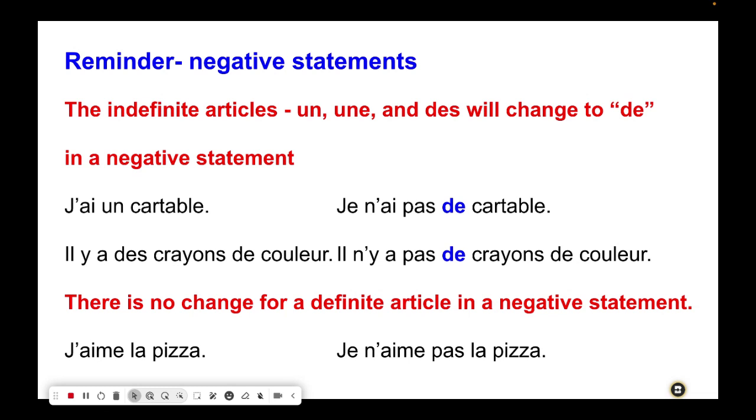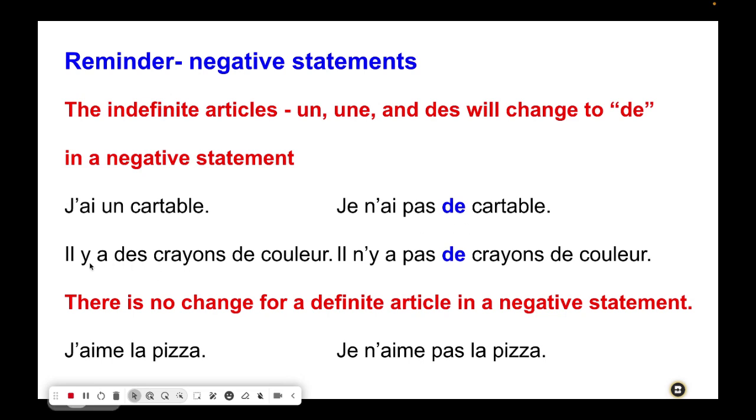So in English, you just add do not, and then you keep the rest as it is. In French, it is going to be a little bit different. So when you add the negative form, the ne and pas, the un, you change it to de. Je n'ai pas de cartable.